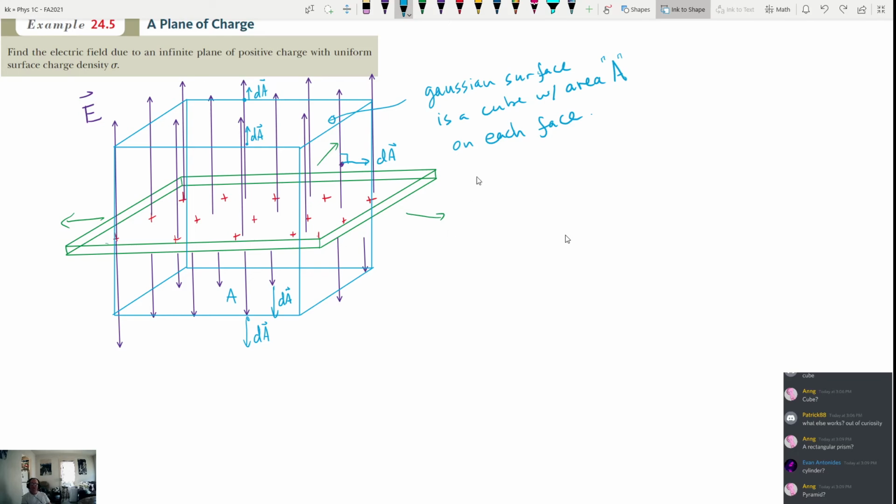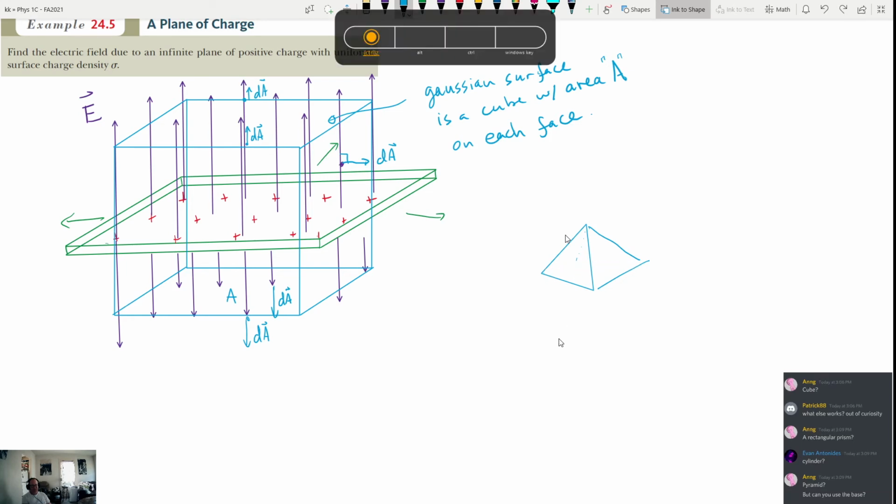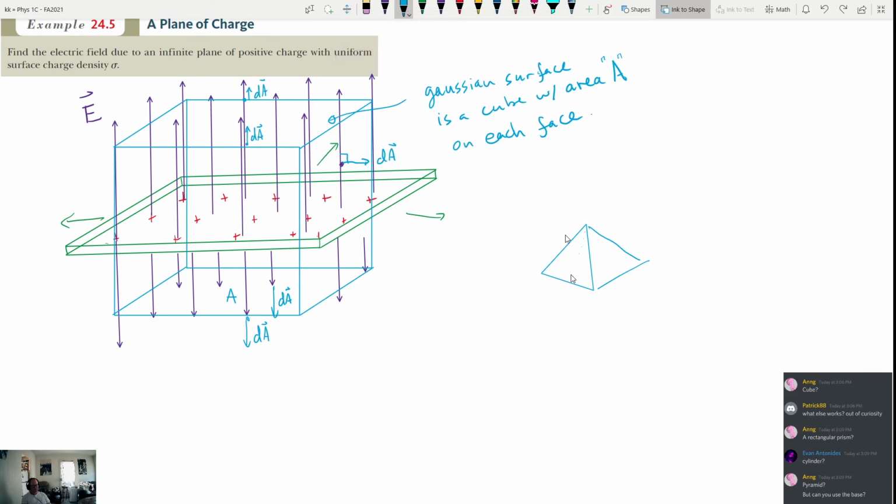A pyramid. Pyramids are kind of weird because a pyramid is shaped kind of like that, right? With the backside kind of coming down like this. I don't think a pyramid would work. But can you use the base of the pyramid? The base would probably work, but the top won't work.